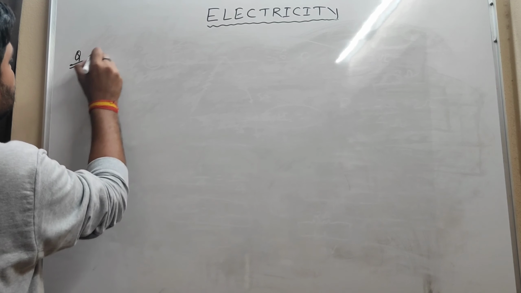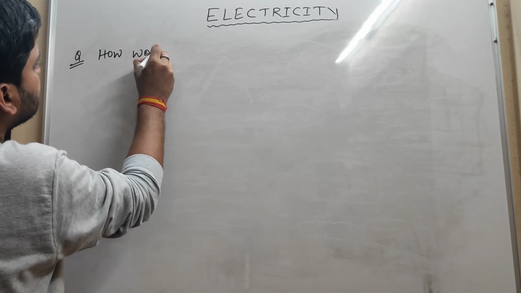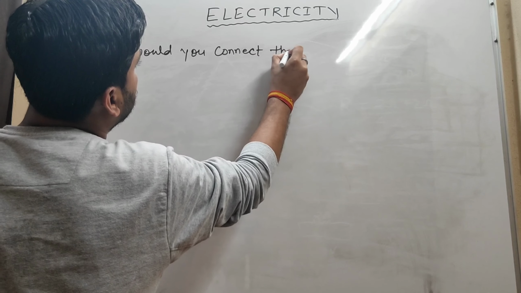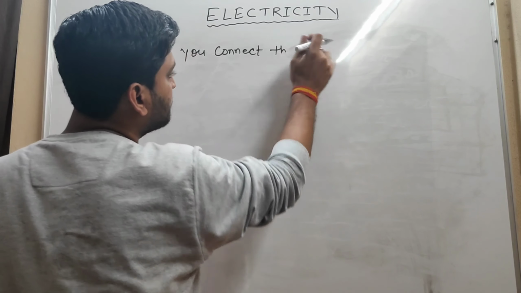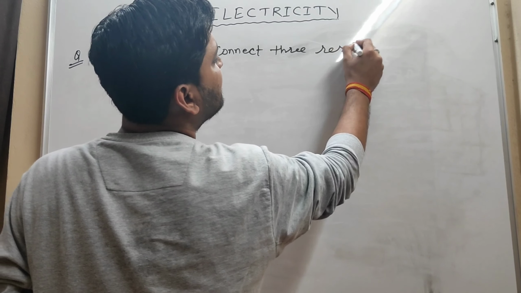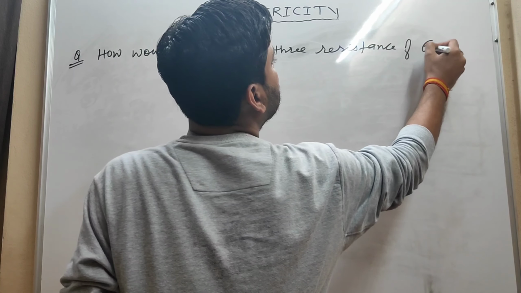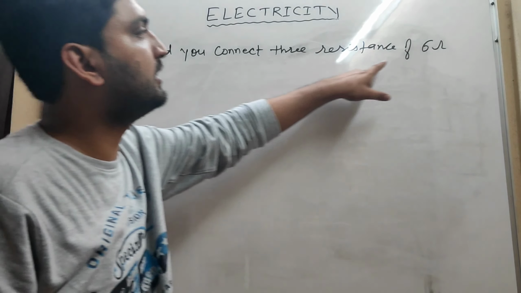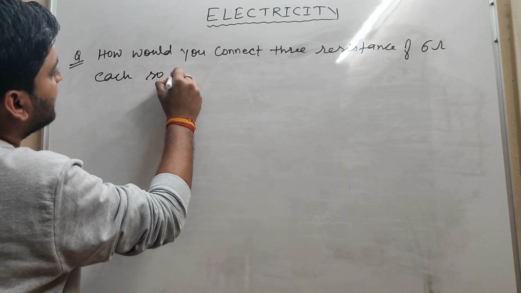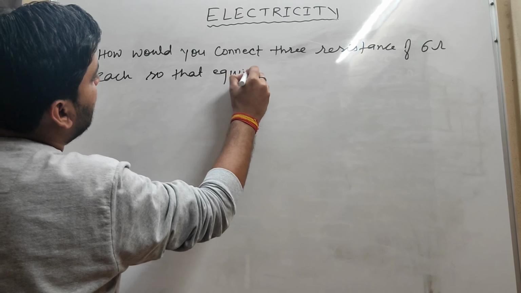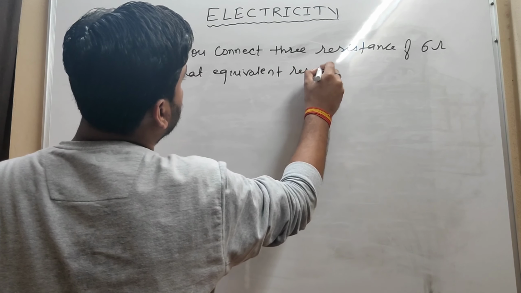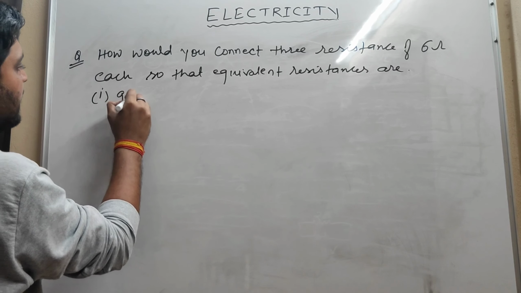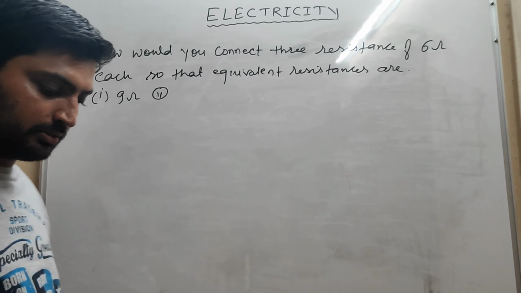Next question is, how would you connect three resistances of 6 ohm each so that the equivalent resistances are first 9 ohm and second one is 4 ohm?